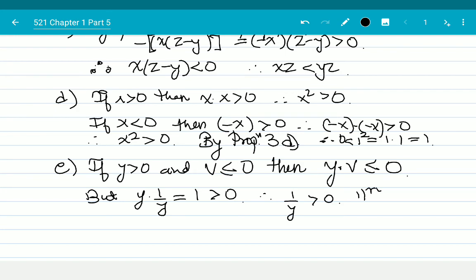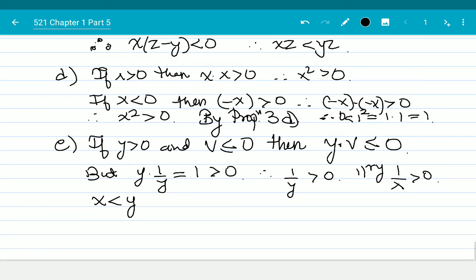Similarly, 1 over x is greater than 0, right? Now, multiplying both of them by the inequality, I have x is smaller than y, and I multiplied both sides.